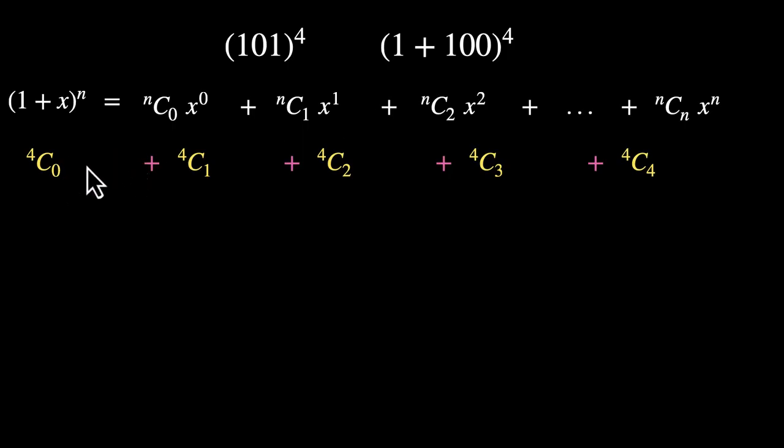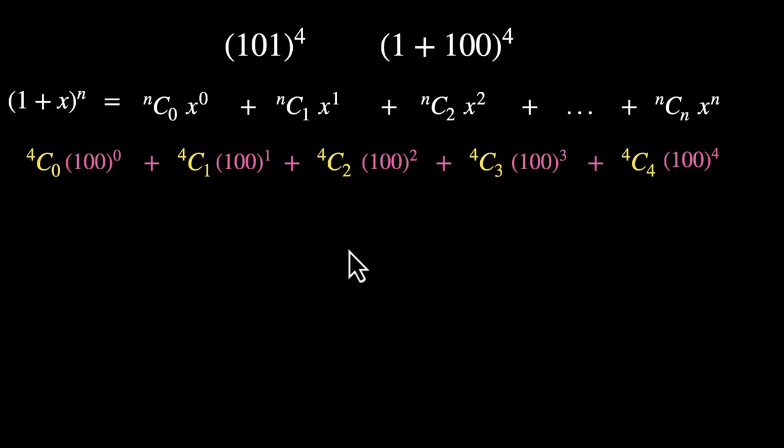The first term will be 4c0, 100 to the power 0. Then we have 100 to the power 1, 100 square, 100 cube, and then finally 100 to the power 4. This is the binomial expansion of 1 plus 100 to the power 4.